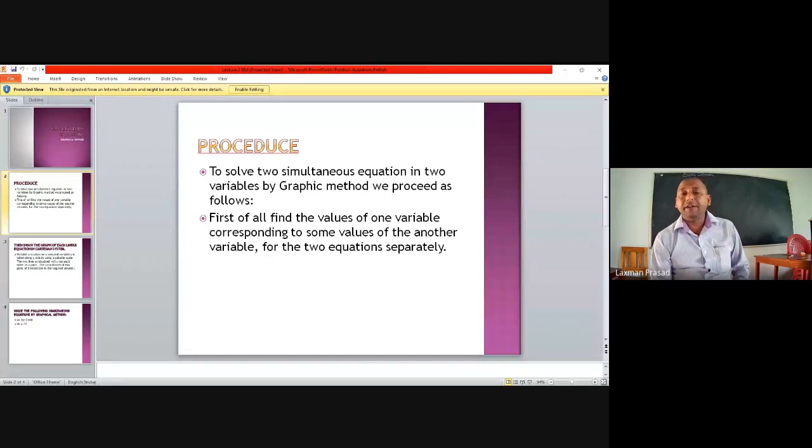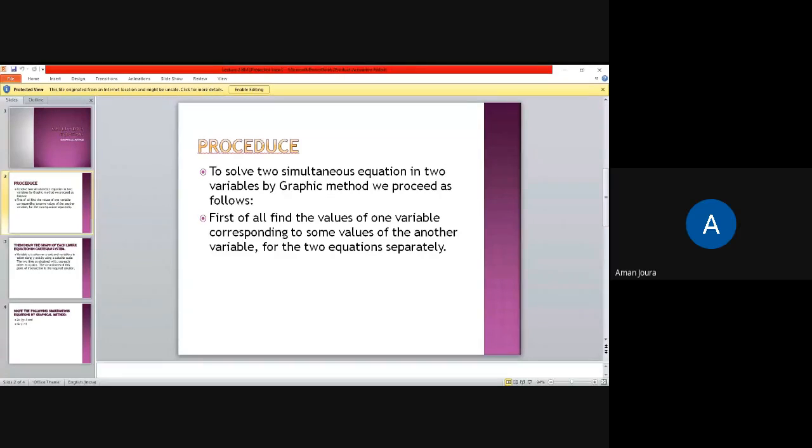If the value of x equals, suppose, 0, so the value of y will be what? If the value of x is 3, so the value of y will be what? If the value of x is 6, then the value of y.